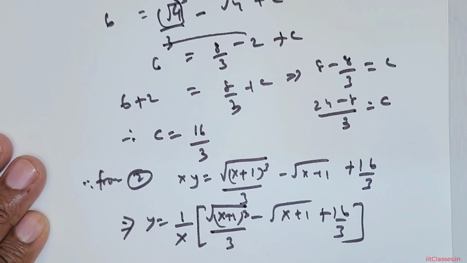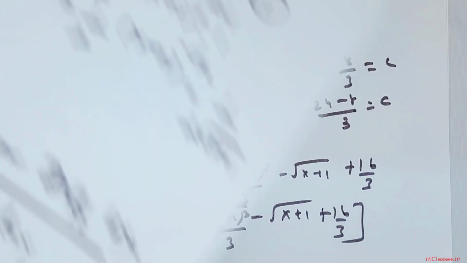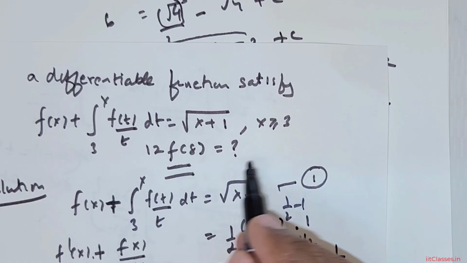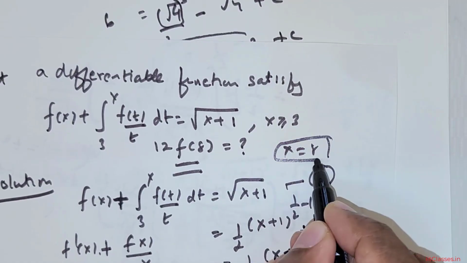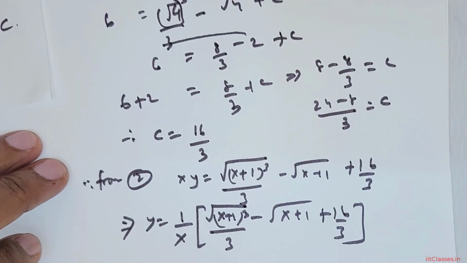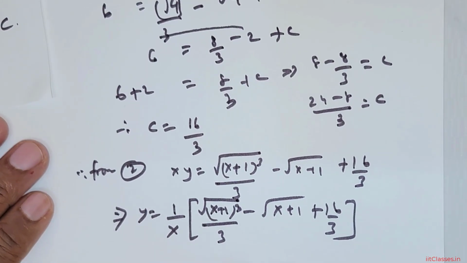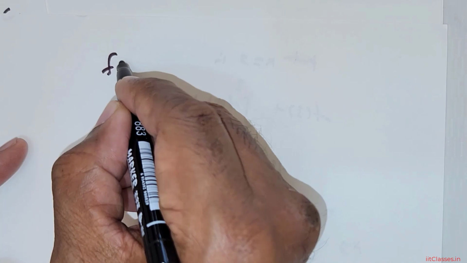Okay, but this is not the end of the solution. Why? You see that they're asking us to find for x is equal to 8. So we need to get that x is equal to 8. So I need to go back and write the function value.